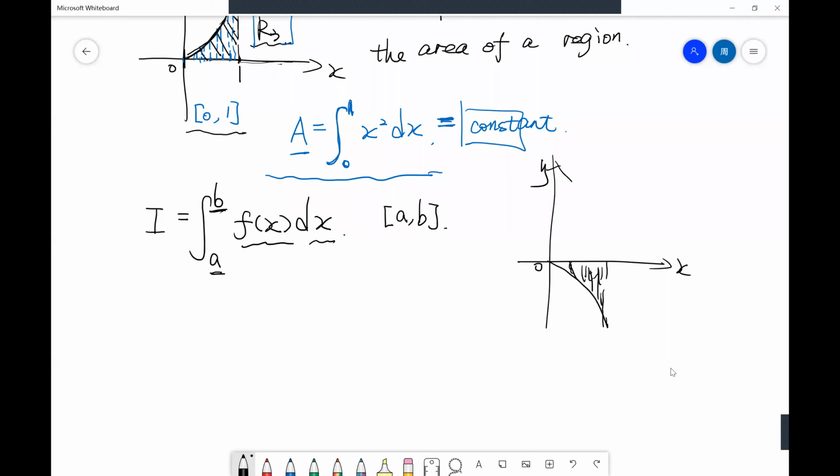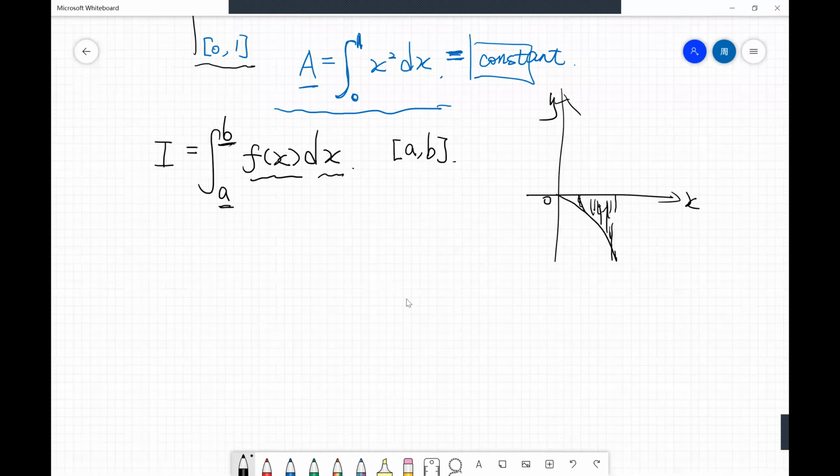So the value of the definite integral means the negative value of the area of this region. Okay, so you should know what a definite integral is and the geometric meaning of the definite integral.